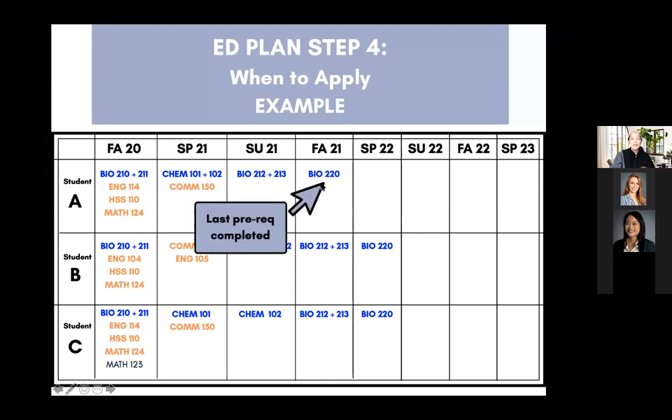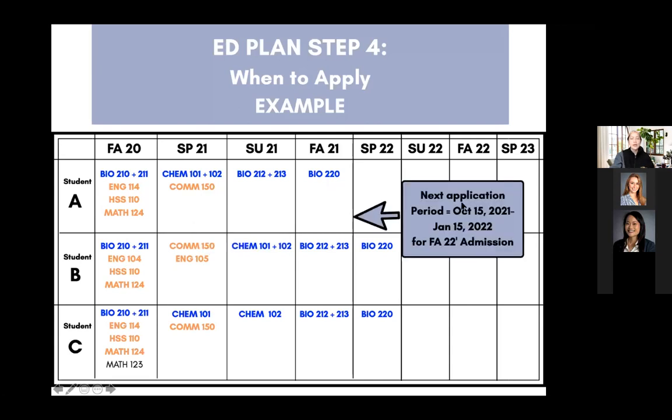So if their last prereq class is done in the fall of 21, they would be eligible to apply for the following fall admission cycle. And so they would apply between October 15th, 2021 and January 15th, 2022 for the fall 22 admission cycle, because that will be done.